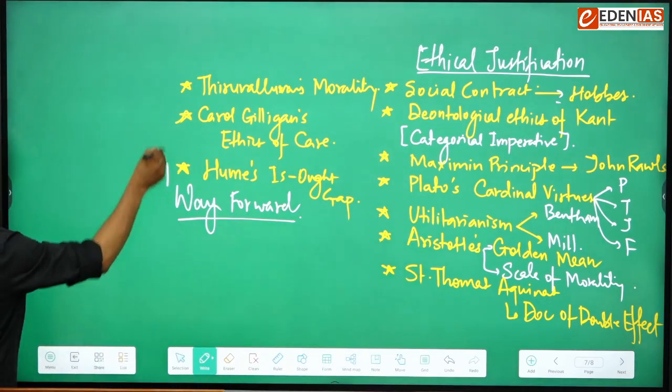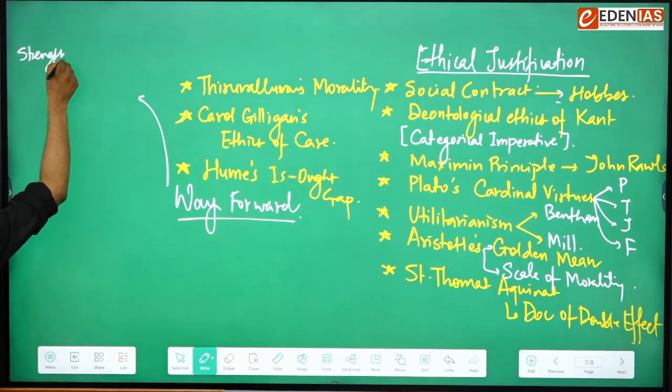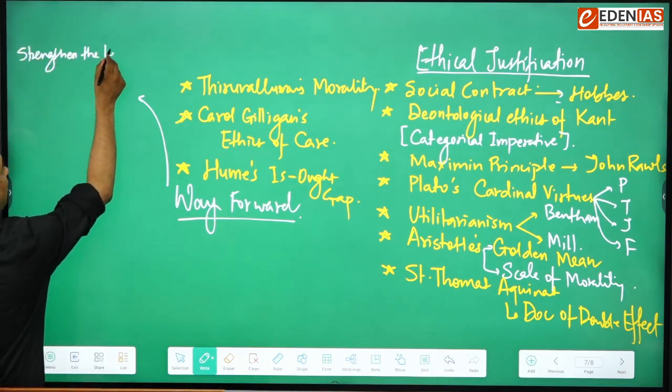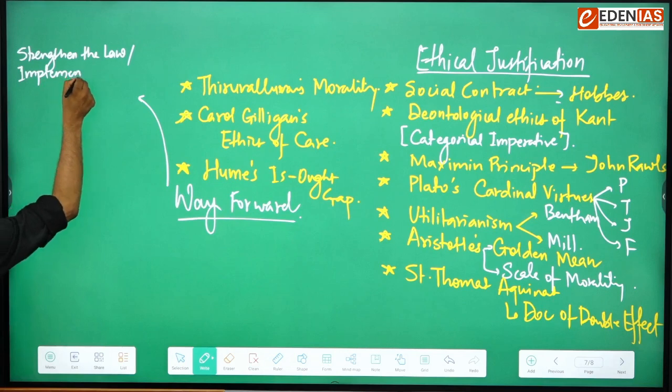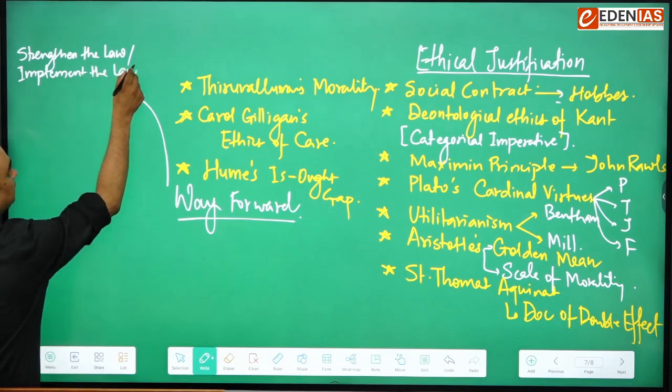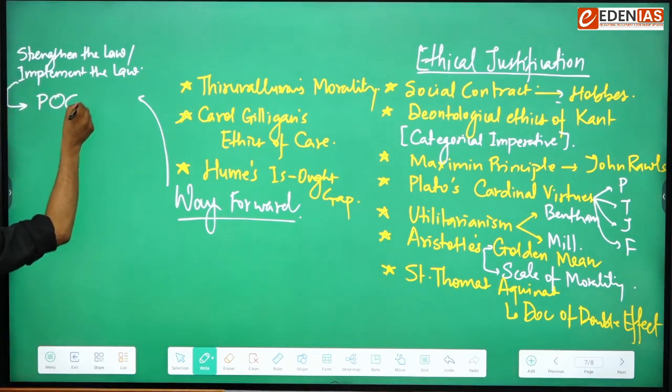First is, strengthen the law, or if it is already a strong law, implement the law. What law is here in question? There is something called the Prevention of Corruption Act. Okay.